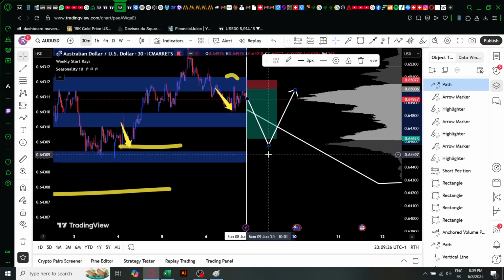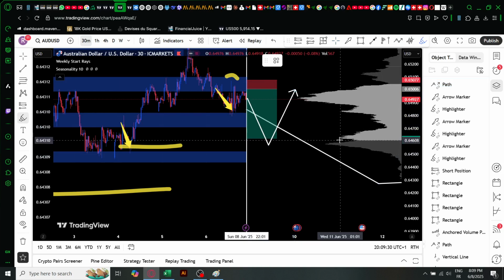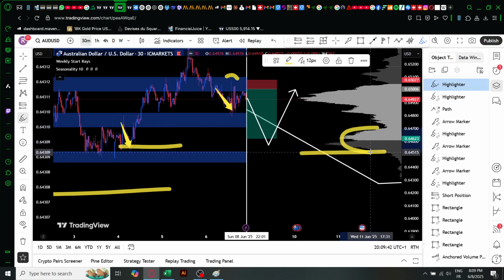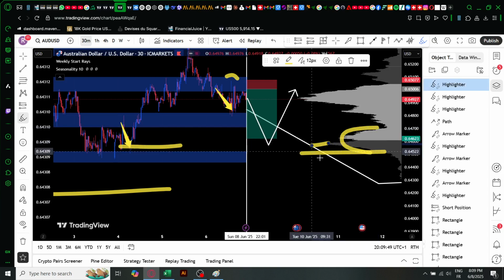And even if it's very rare, we can't risk it, even if it's 1% rare. I can't go beyond this level, because this is the low value area of this secondary volume cluster, and this is its own point of control.